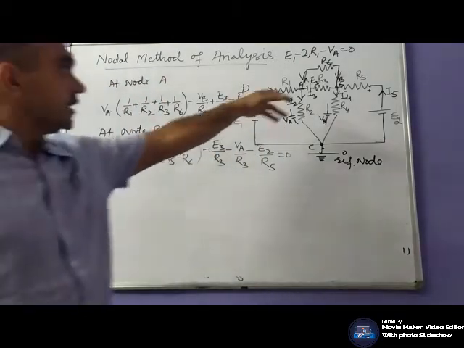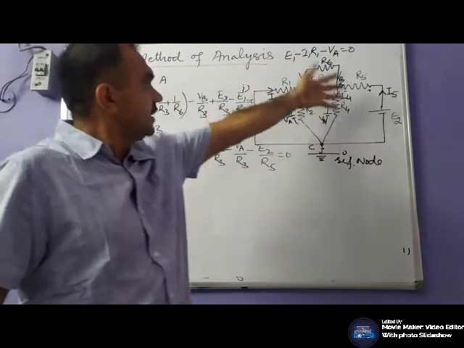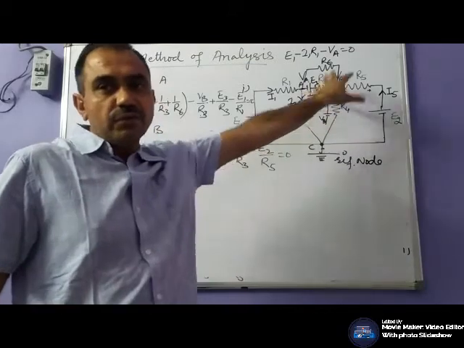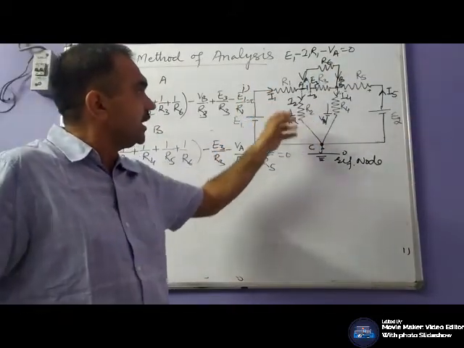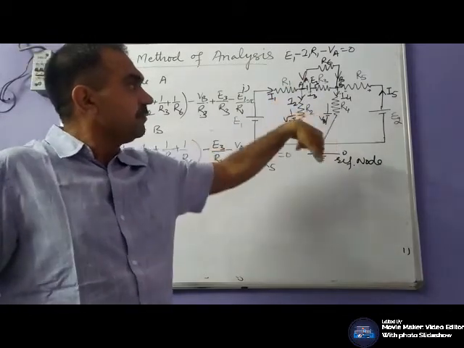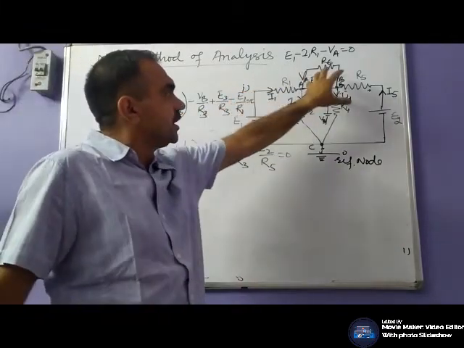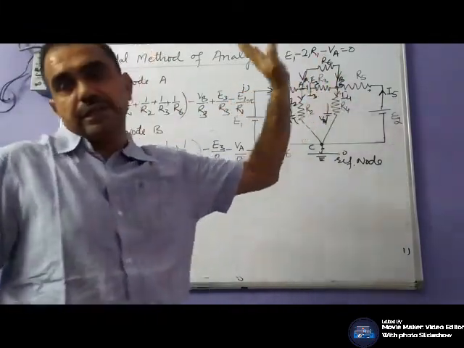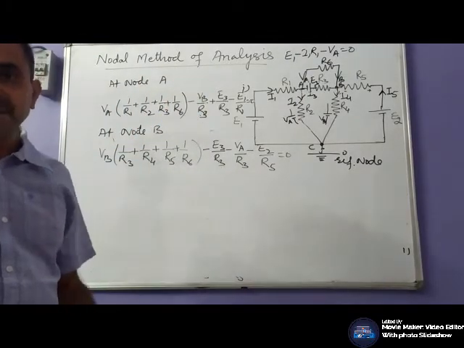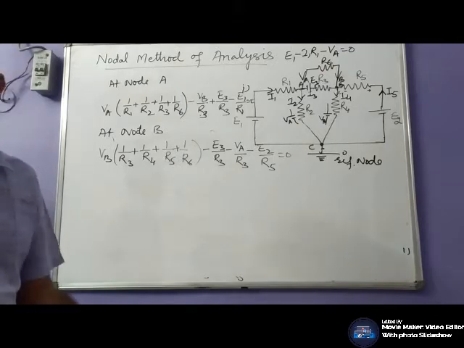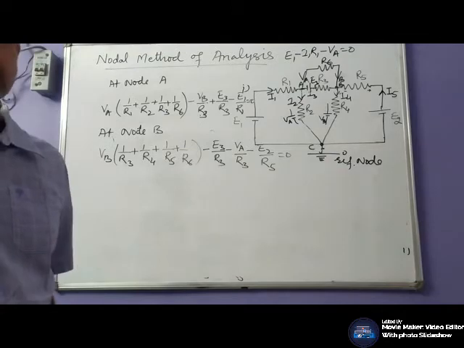Here the number of loops is 4. If you apply Kirchhoff's current law, you would have 4 currents. You have to solve for 4 currents, whereas here you have solved for 2 nodes only, VA and VB. So that makes it simplified. These are the techniques to simplify or solve the networks.